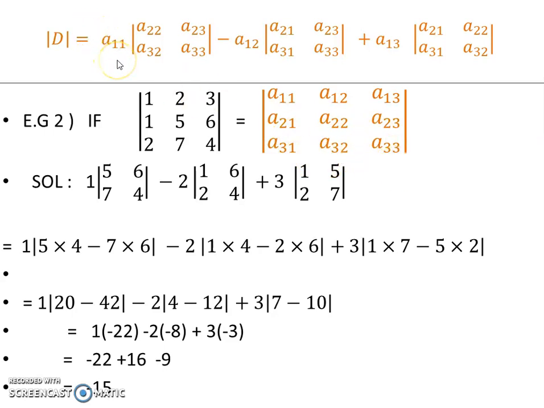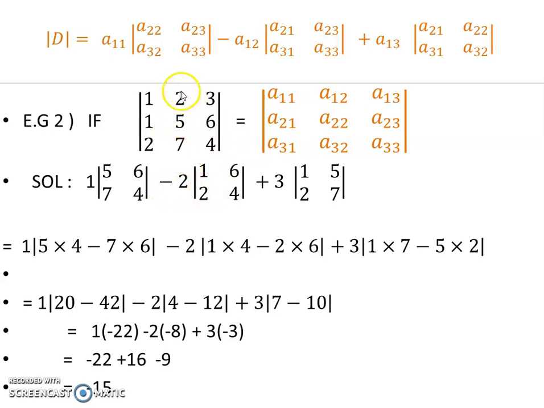We compare all these values with the general terms of the determinant. So, A11 is 1. We skip the first column and first row. We remain with 5, 6, 7, 4. I write here 5, 6, 7, 4. The second term is always negative, so I take the minus sign outside the determinant.